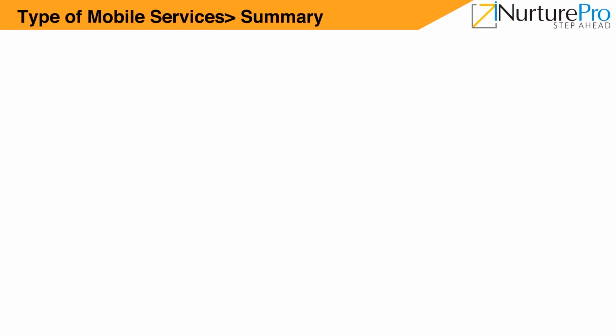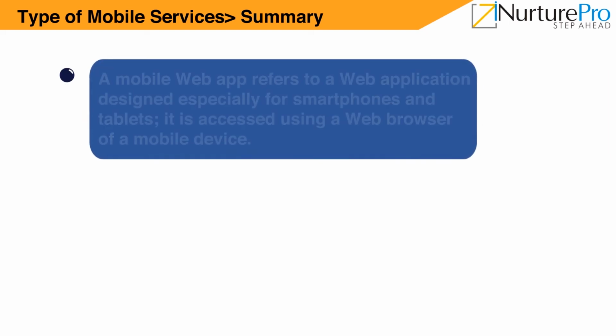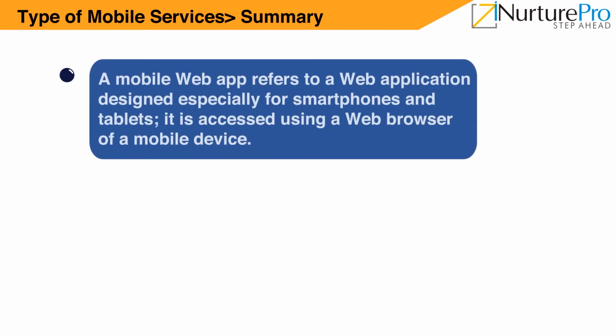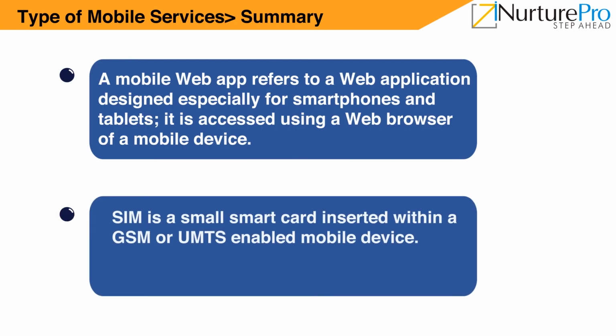Let's have a quick recap on what we discussed. A mobile web app refers to a web application designed specially for smartphones and tablets. It is accessed using a web browser of a mobile device. SIM is a small smart card inserted within a GSM or UMTS enabled mobile device.